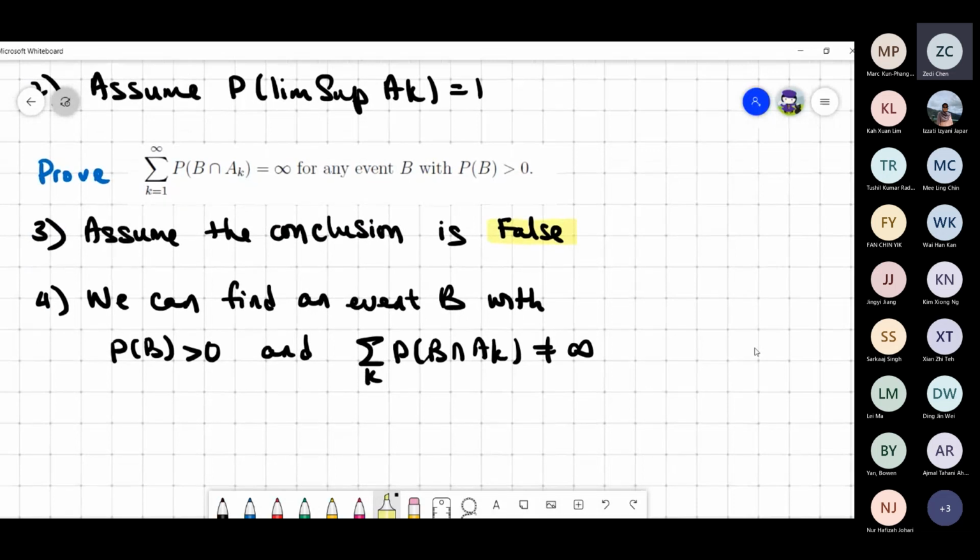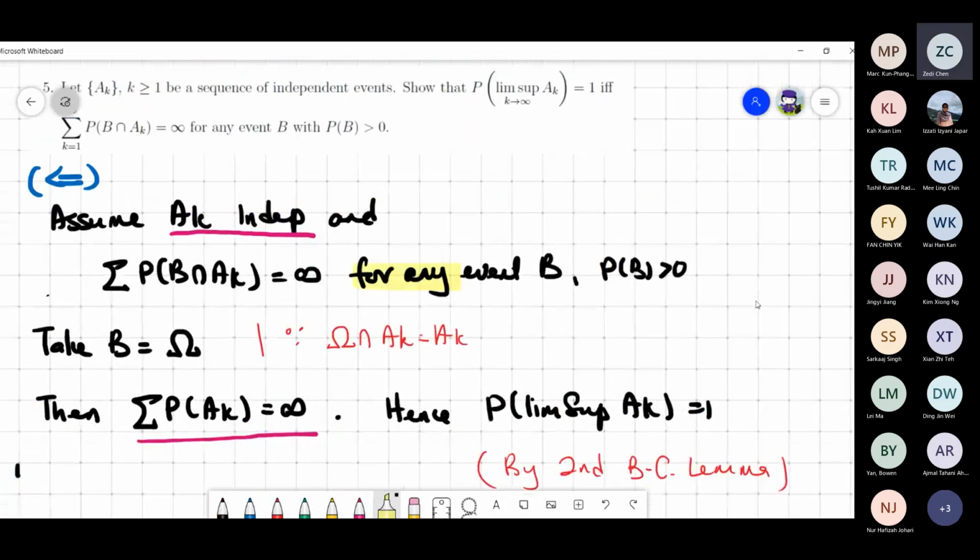So we can find a particular event B, the probability is positive, and this is not infinity. When this is not infinity, then we have to go back to our Borel-Cantelli lemma.